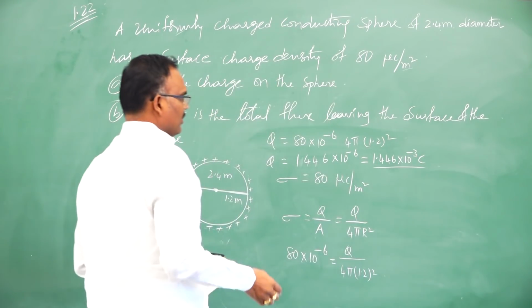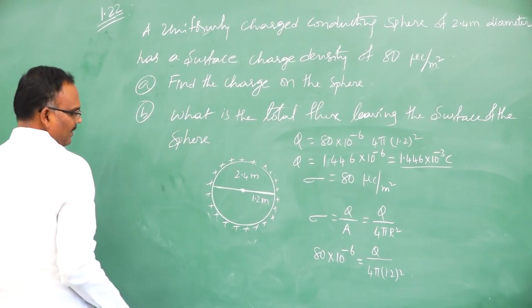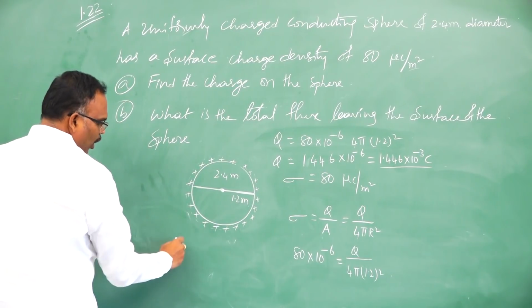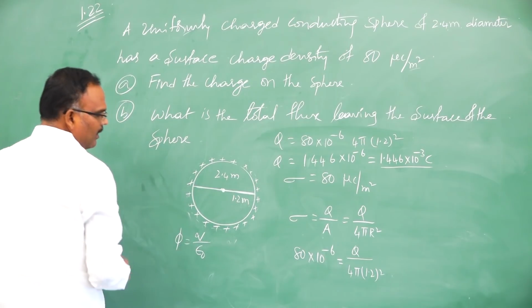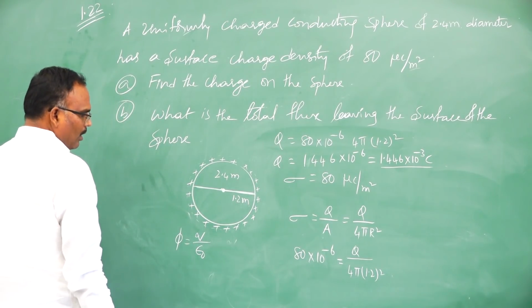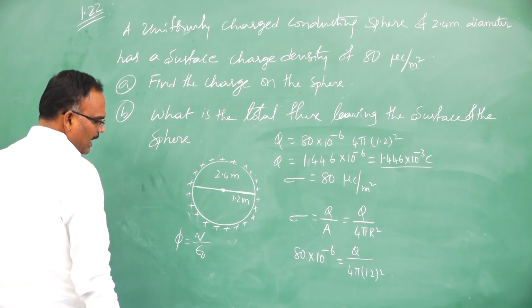This is the charge. Now I need to calculate flux through the surface. Flux according to Gauss's law, flux phi is equal to charge enclosed divided by epsilon naught. I will take a Gaussian surface of my own choice, no problem here.